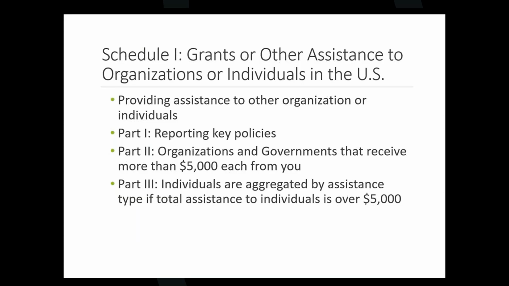Part 1 summarizes the key policies, such as how grants are substantiated, how eligibility is determined for the grants, and how monitoring is done on the grants made.